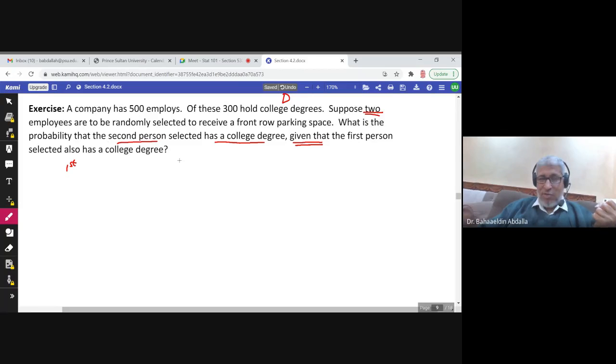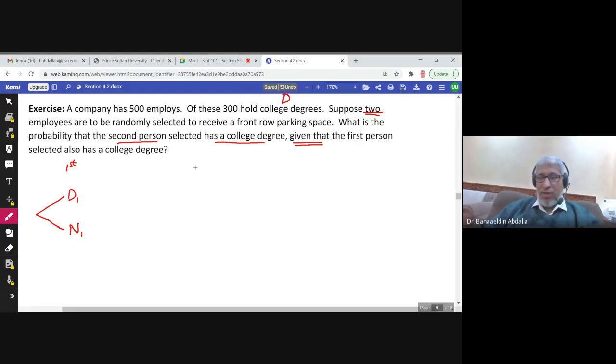We are going to select two employees, so let us talk first about the first one. What are the possibilities? Well, he either has a college degree, let us say D1, or not. Not means the first employee has no college degree. So these are the possibilities.